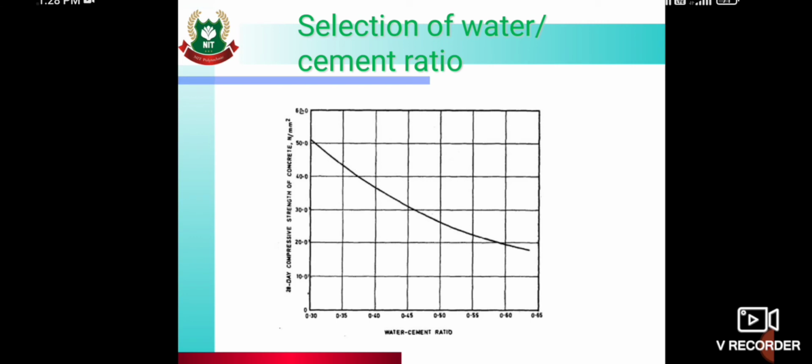In this table, water cement ratio versus compressive strength, we find the value of water cement ratio and accordingly select it.